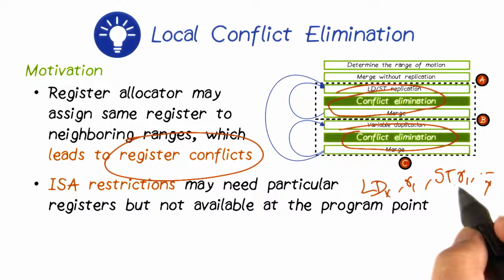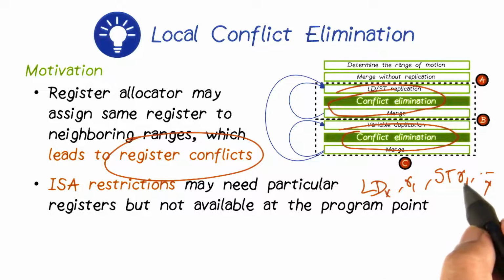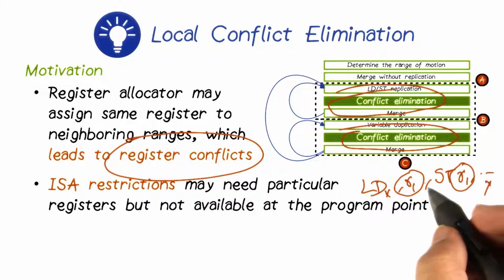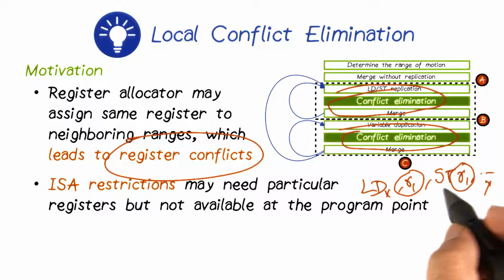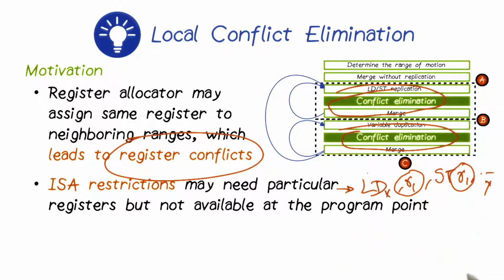So it is perfectly possible to parallelize these two because both operands are in different memories. However, you can see that the register names are common, and so one of the ranges will have to be reassigned to a different register to avoid this particular restriction on parallel load stores. What is the restriction here? The registers that participate in a parallel instruction, the load and store parts, have to be disjoint.